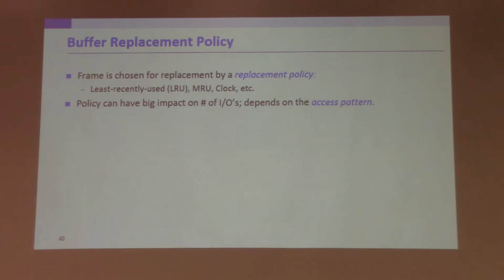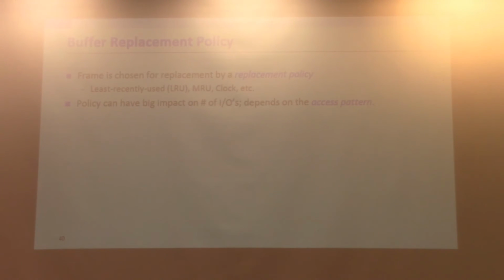if you do something called sequential flooding, what happens is, let's say I have 5 frames in my buffer. Then on my disk, I have 6 pages.